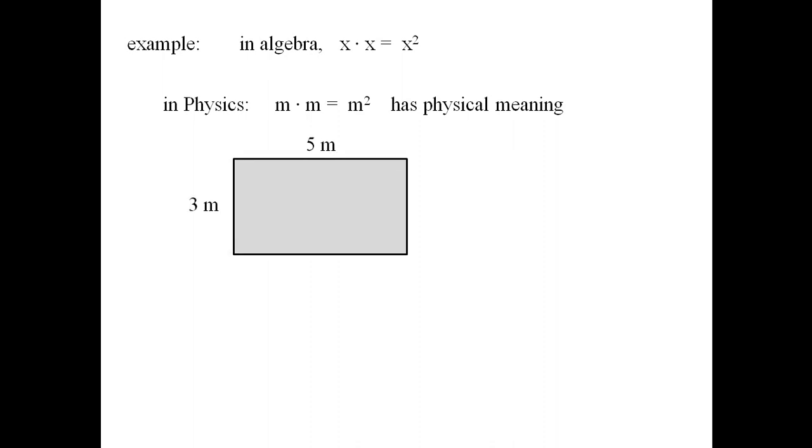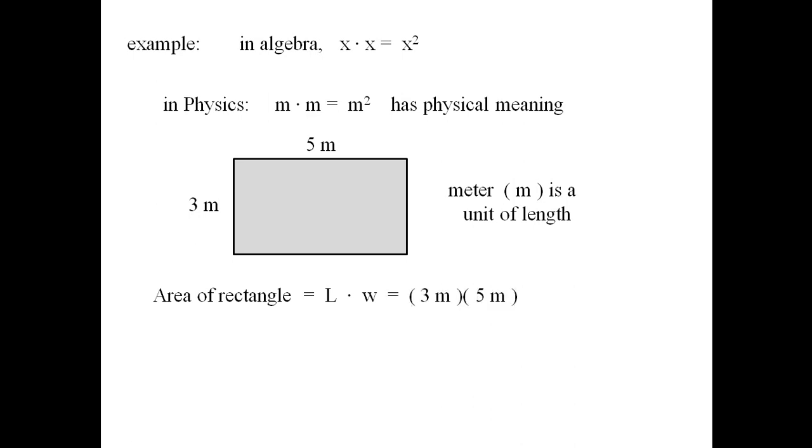For example, if I take a rectangle that has 3 meters by 5 meters. Now remember, meter is a unit of length, but now let's take the area of this thing. Now the area of a rectangle is length times width. Well, the length is 5 meters times 3 meters, or the other way around. And what you get is 3 times 5. So you multiply the numbers, of course, but you also multiply the units. 3 times 5 is 15, and meters times meters is meters squared.